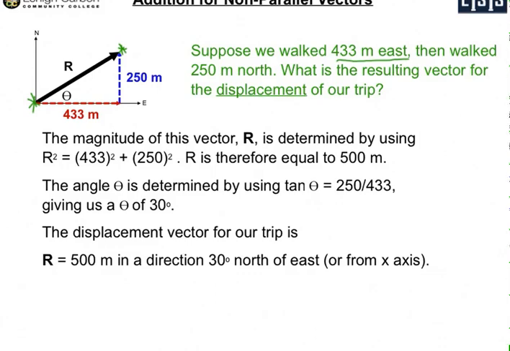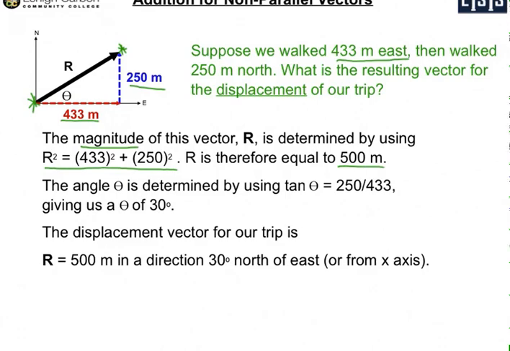It's going to be less than the walking we did, the 433 and the 250, because as far as the vector is concerned, we did it as the crow flies, not as how we walked. So since we know the x component here and the y component, we can get the magnitude of that vector r by using Pythagoras' theorem here. And from working that out, you'll see that the magnitude of your vector r is 500 meters.